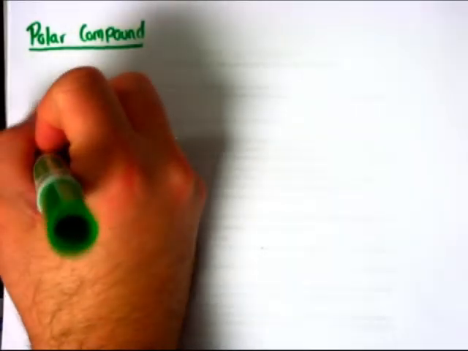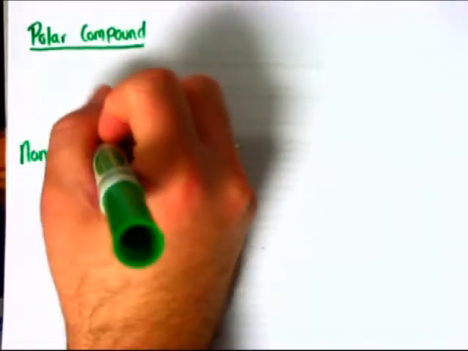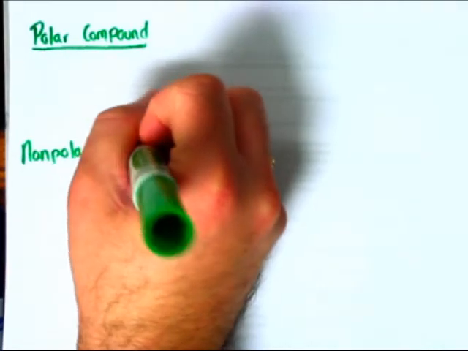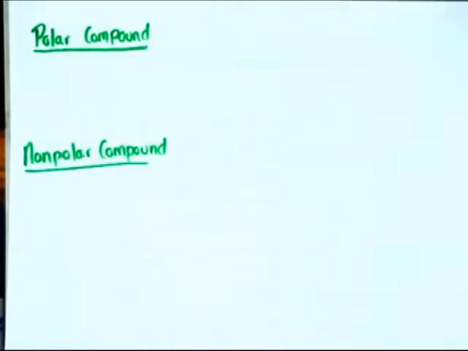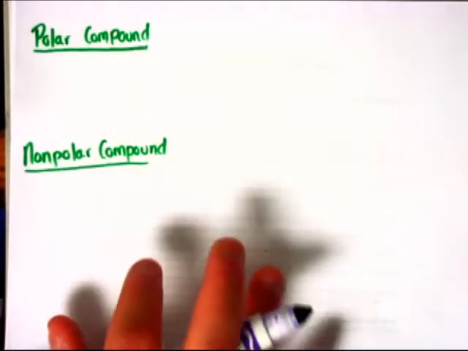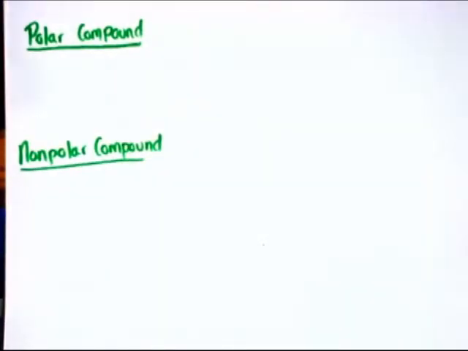Polar compound as opposed to a nonpolar compound. A compound that is listed as being polar is going to be one in which the electrons are shared unequally.